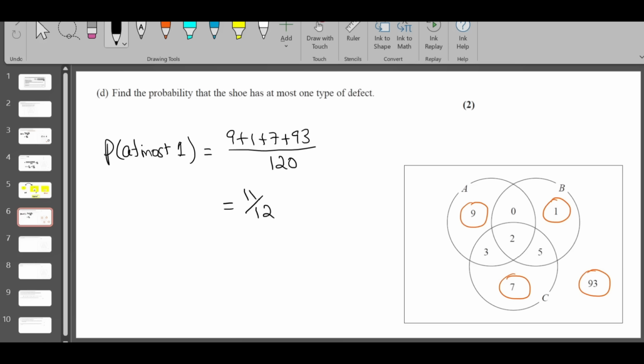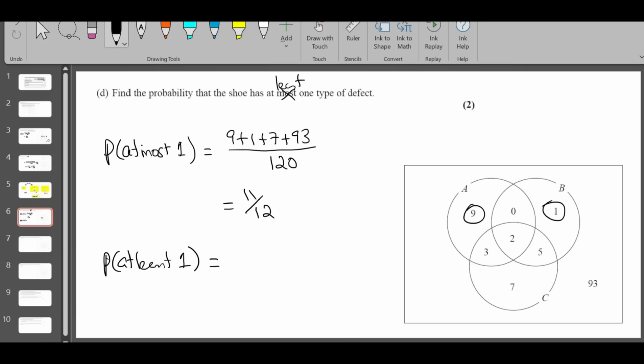That's all. What if the same question says, instead of at most, it says at least 1? P of at least 1. So the shoes must have at least one defect. At least one, at most can be 2 defects or 3 defects, right? So these are all at least 1. And these shoes have 2 defects, and this one has 3 defects. So when they say at least 1, you need to take the shoes with 1 defect, 2 defects and 3 defects.